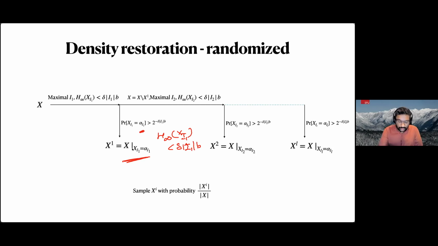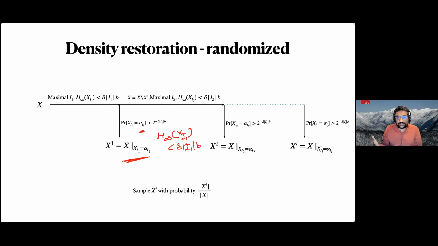But once you have gotten this part, you don't stop. You don't restrict yourself to that set and continue. What you do is set X to be everything but X1. You remove things which were already in X1, and then X minus X1 is the new X.